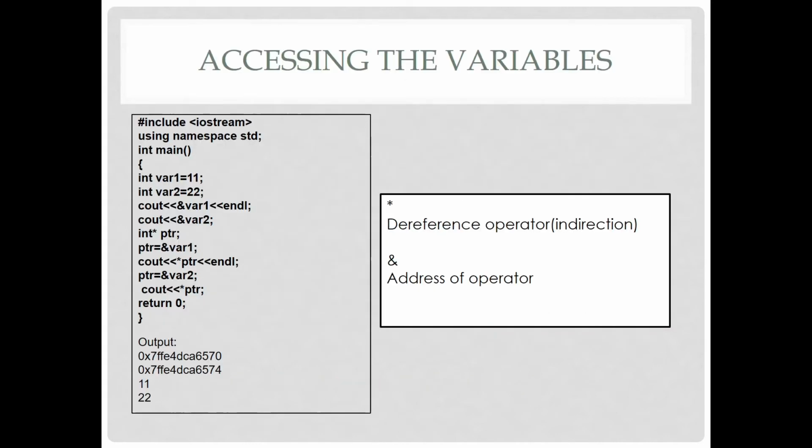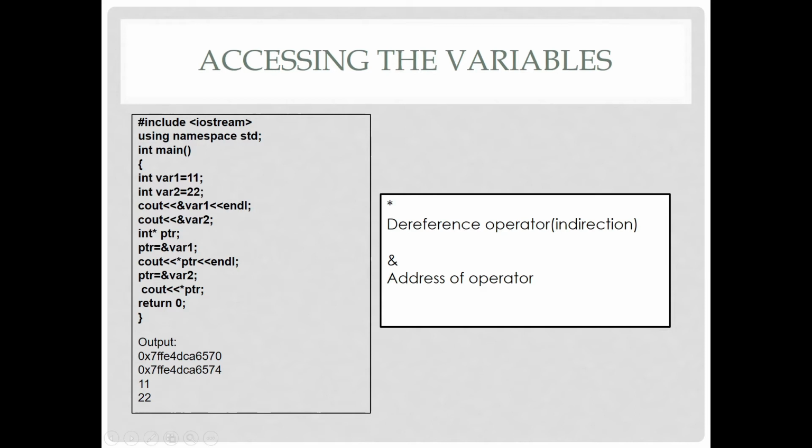Now how do we access the variable? For example, take var1 equal to 11 and var2 equal to 22. If I want to output the address of a particular variable, I use an operator called ampersand. Ampersand denotes the address of operator.